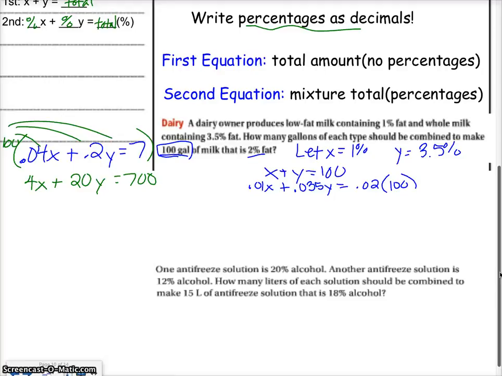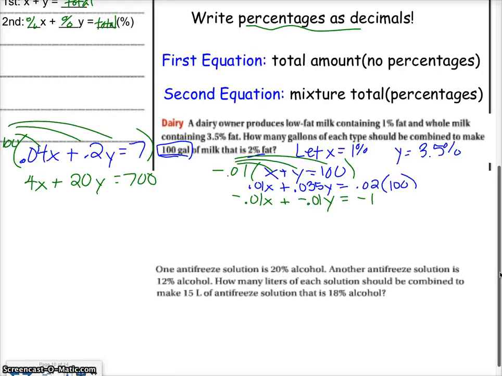I'm going to choose to times the top by negative 0.01. And it's going to be weird, but I can do it. Because I have my calculator, and I'm going to be so careful, and my calculator is not going to steer me wrong. So this would be negative 0.01x plus a negative 0.01y equals negative 0.01 times 100 is negative 1.